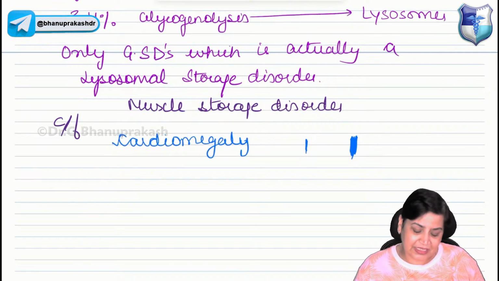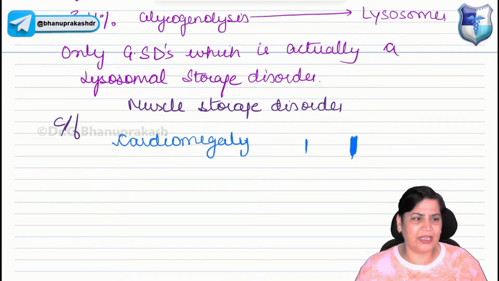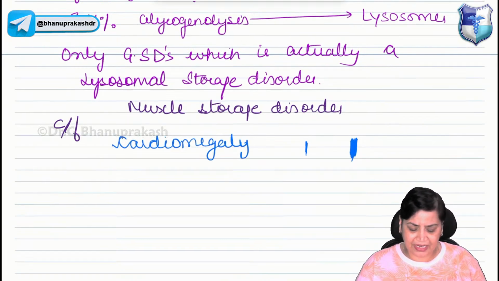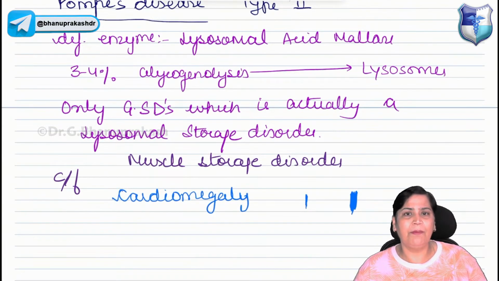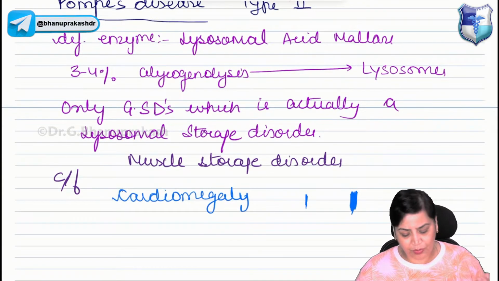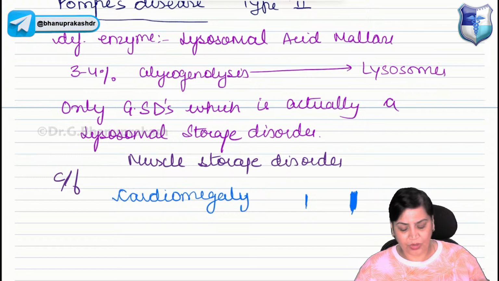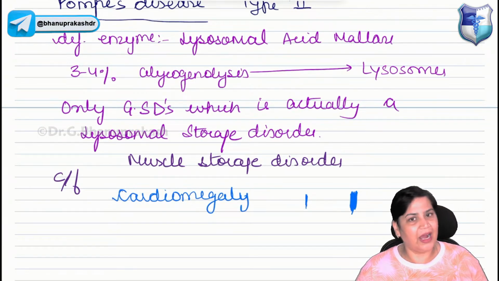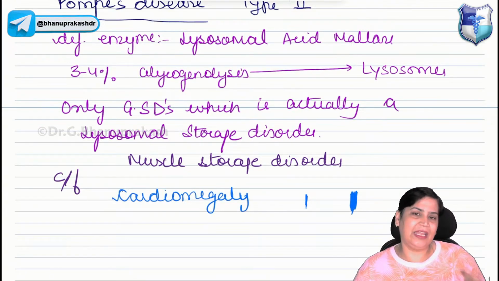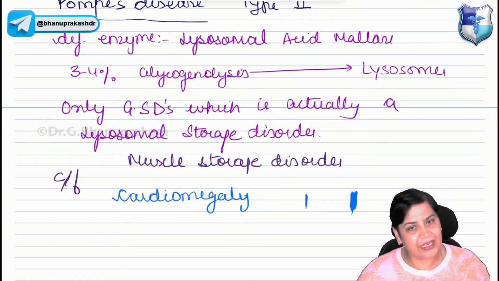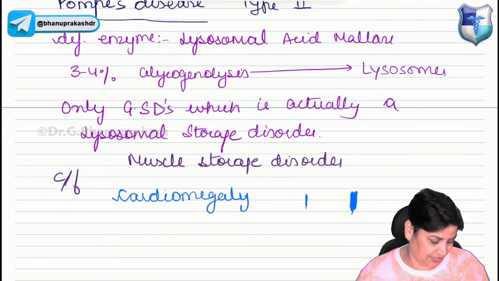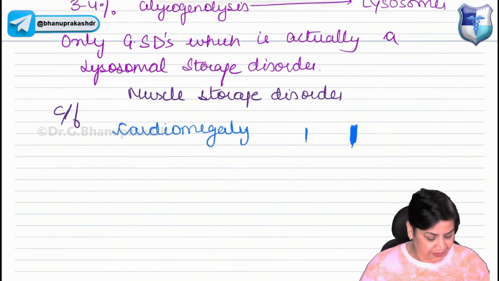So in Pompe's disease, this is the most important. To learn it, a simple criterion: Pompe's pump. P for Pompe, P for pump. The heart pumps. If the heart is unable to pump, it will lead to cardiac failure. Getting my point?